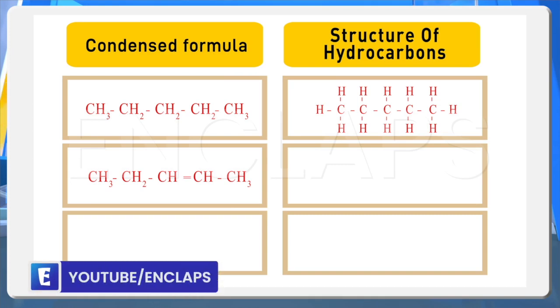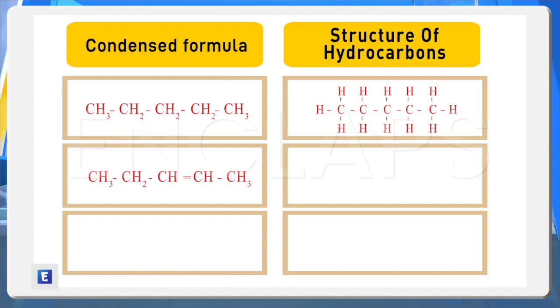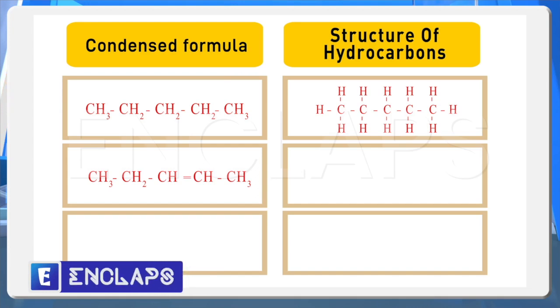So there are 5 carbon atoms, and there is a double bond between the third and fourth carbon atom. First, we have to draw the carbon chain. Don't forget to put the double bond between the third and fourth carbon atoms. Now, the carbon chain is ready.